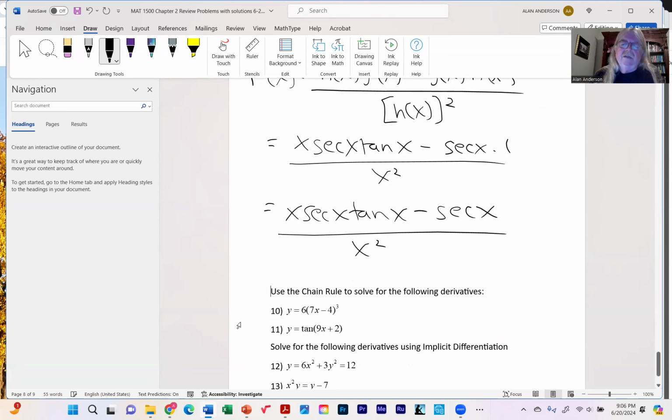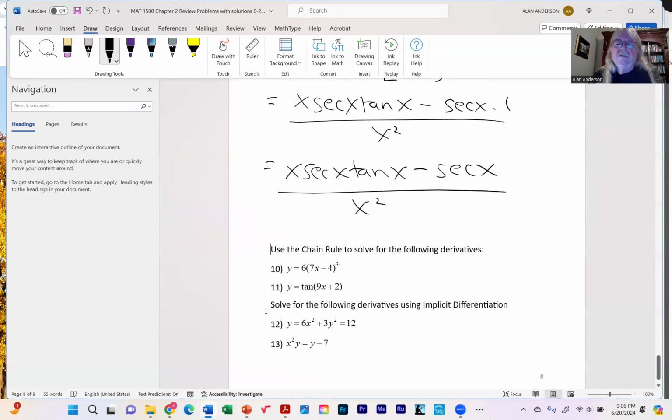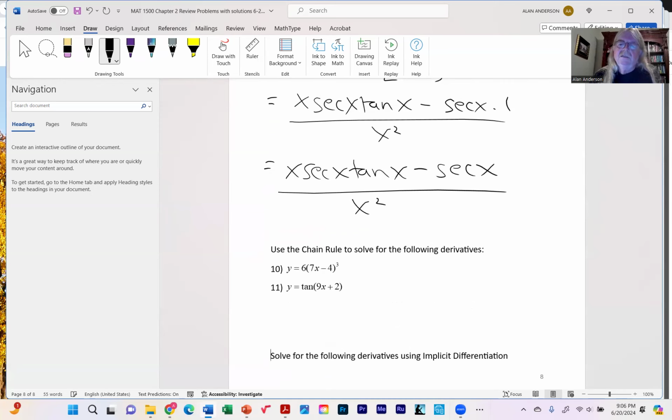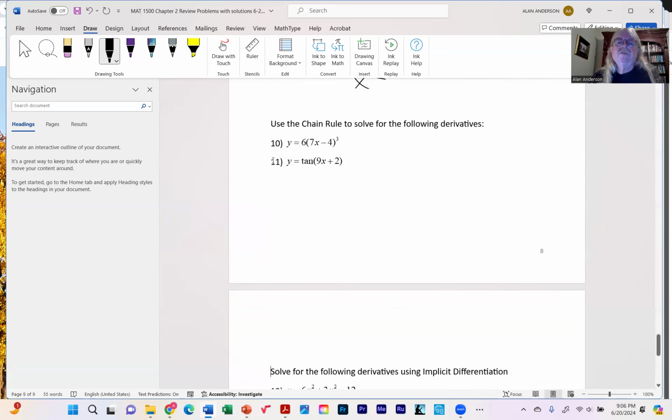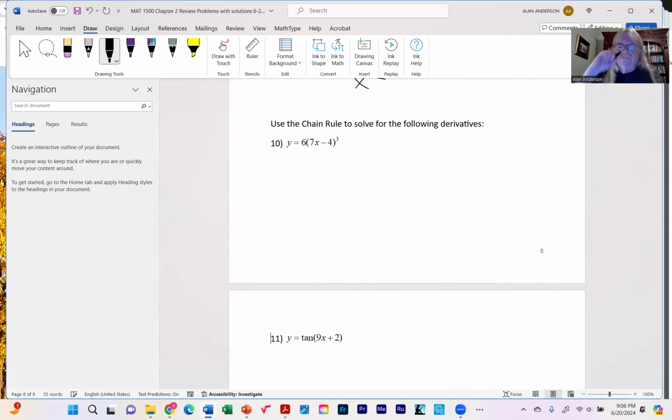Now here we go, the chain rule. So what we want to do is make sure we remember how this works. So remember, we have y is actually a function of another function.